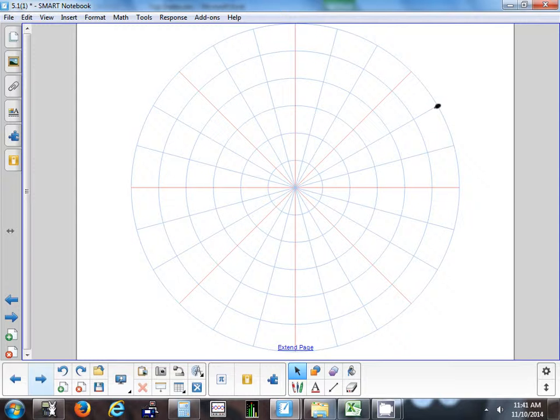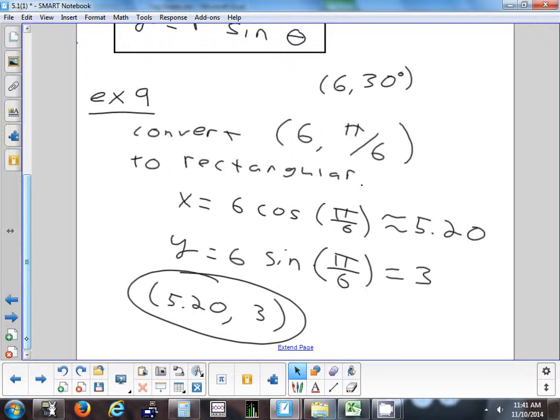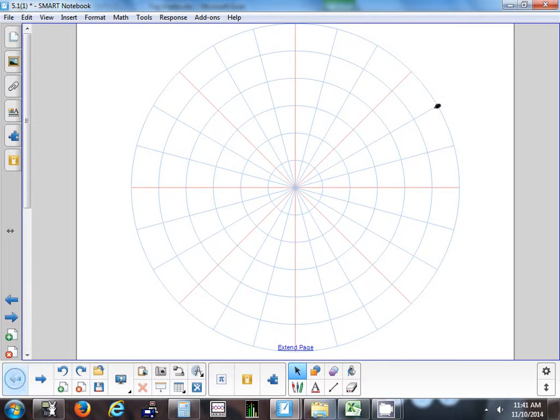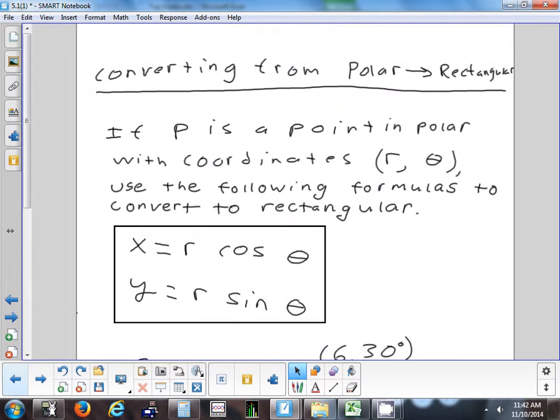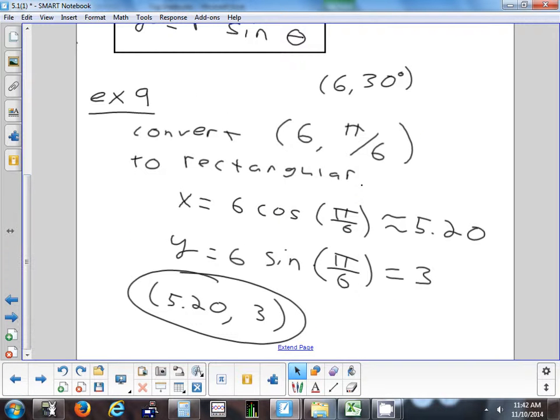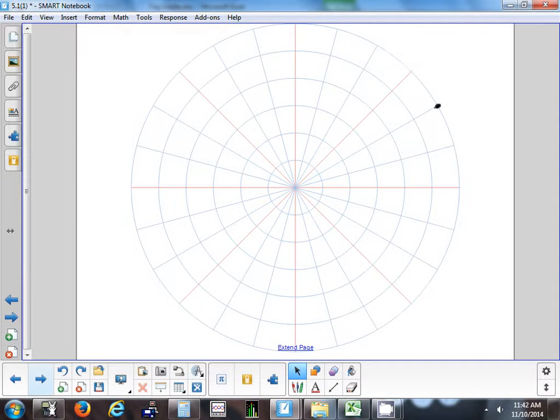Now what I'm going to do is I'm going to take a rectangular grid. Okay, I'm going to drop it right on top of the polar grid. And if I converted this point correctly, when I put the rectangular grid right on top of this, that point should look like it's a little more than 5 units to the right and about 3 units up. I just have to find the grid that's the same scale.